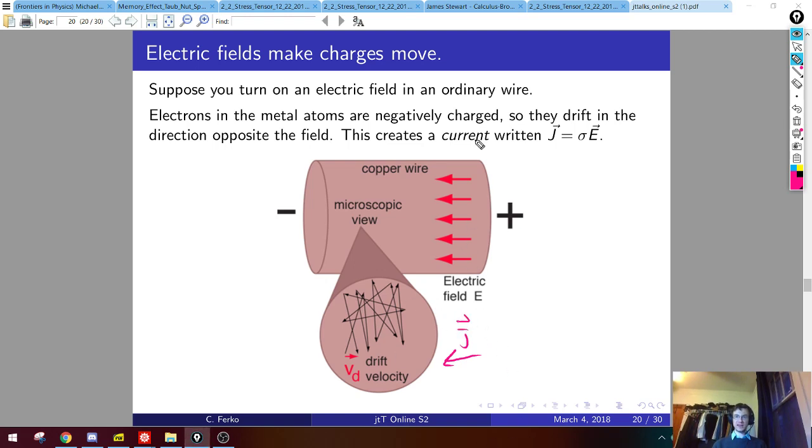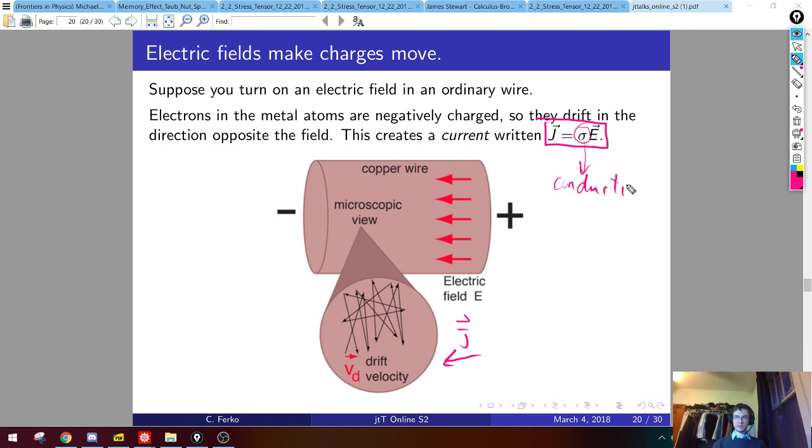We express the statement with this equation that tells you that if you turn on an electric field E, then you get a current J which points in the same direction as your electric field E, although the length of that arrow could be different than the length of your electric field arrow. To express that the lengths of these arrows can be different, we put in this proportionality constant, this number sigma, which is called the conductivity.